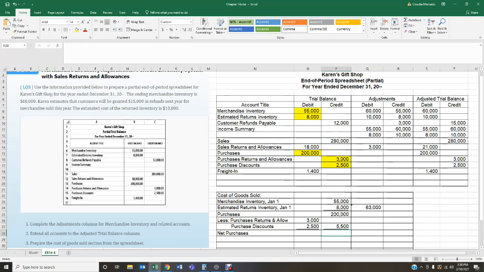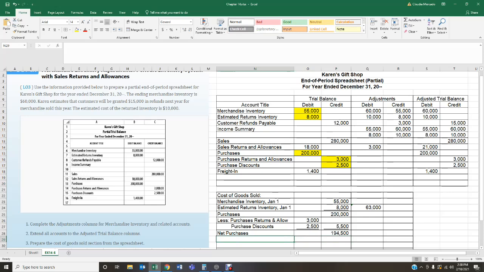So your net purchases is going to be your purchases minus the total of your purchase returns and allowances and purchase discounts. You're going to subtract that, and that will give you $194,500. So you get the $200,000 minus the $3,000 minus the $2,500. That gives you the $194,500.